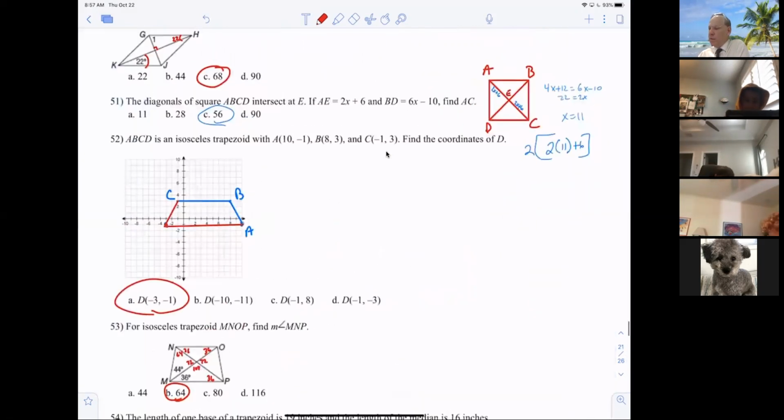51. So the diagonals of a square intersect at E. What's true about AE and BD? You see it now, right?